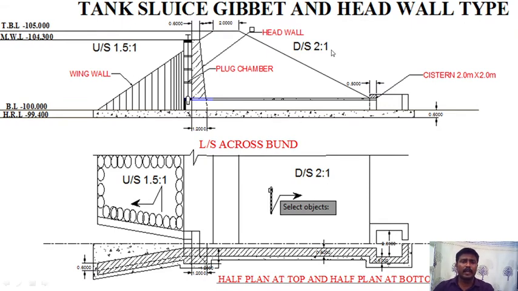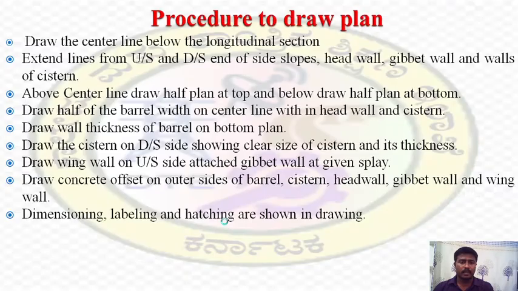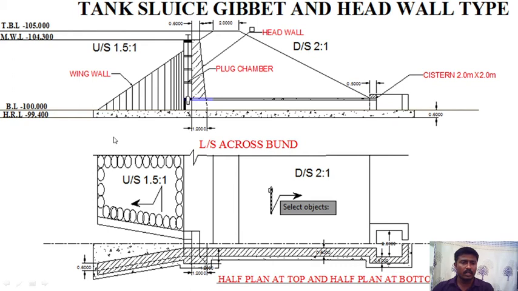After completing the longitudinal section, you draw the half plan top and half plan bottom. These are all the procedures you have to follow for the half plan top and half plan bottom. Our first procedure is to draw the center line below the longitudinal section. Here you have to draw one center line below the longitudinal section.